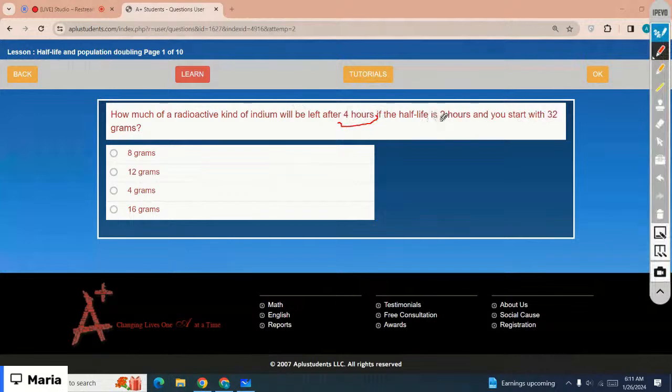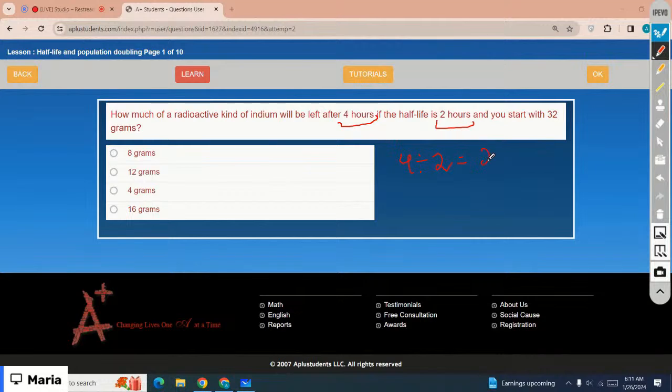And the half-life is 2 hours. After 2 hours, the indium is half left, right? But you need to calculate after 4 hours. So first you need to divide 4 by 2. Basically you need to see how many times the indium goes through its half-life.